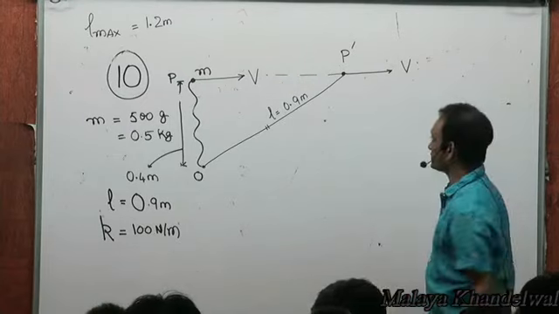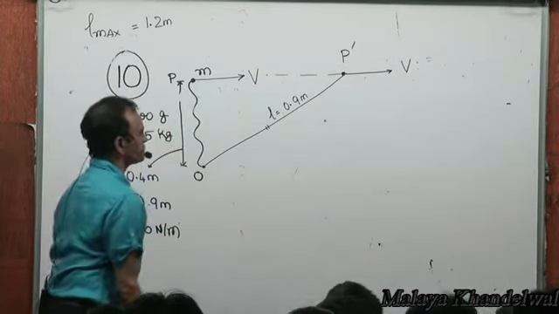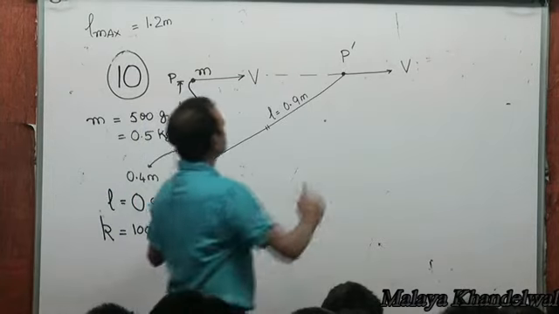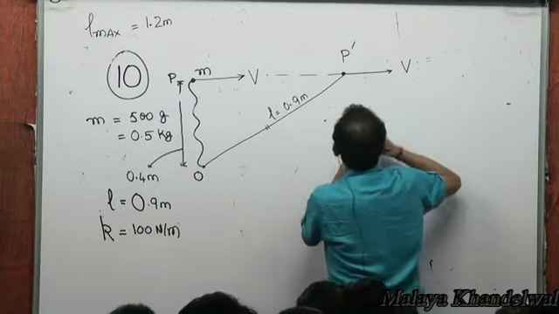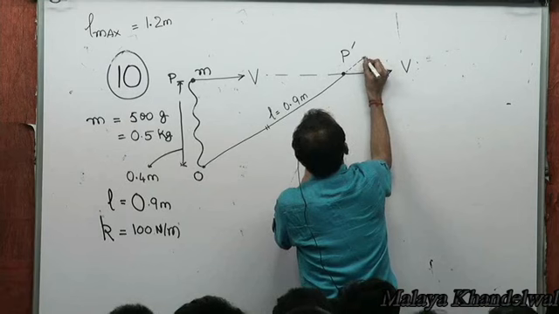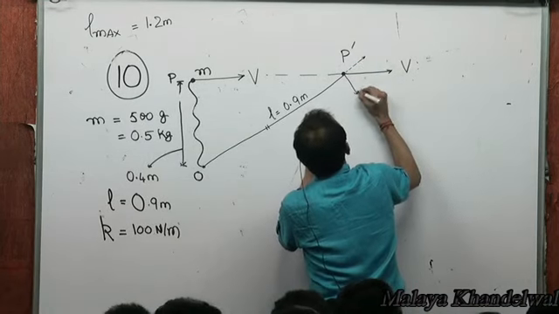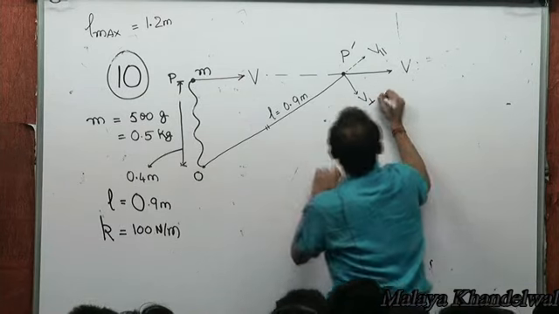Now things start to happen. From this point onwards, things will start to shape. This velocity has a component along the cord and a component perpendicular to the cord.